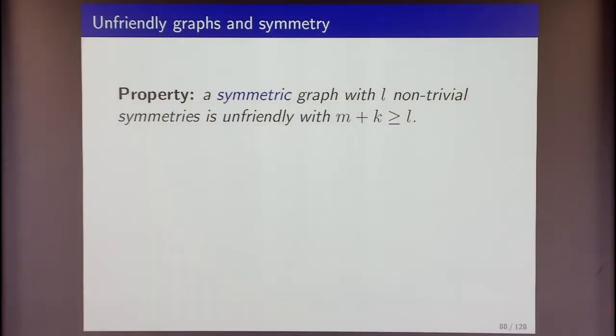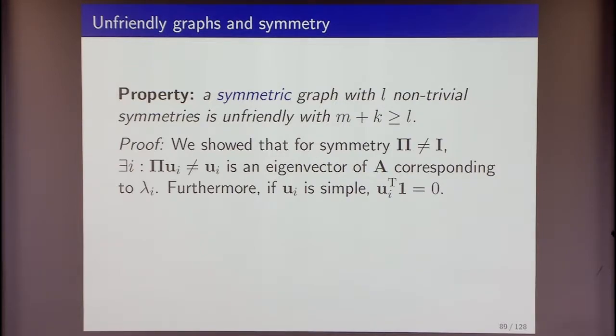So then it's very easy to show that symmetric graphs, meaning graphs that have non-trivial automorphisms, with L such non-trivial automorphisms, will have this unfriendliness degree at least of size L. And the argument is very simple, very similar to what we showed in the asymmetric case. So then we showed that for any non-trivial symmetry pi, there exists some eigenvector ui such that pi ui, distinct from ui, will be an eigenvector of the adjacency matrix corresponding to the eigenvalue lambda i.